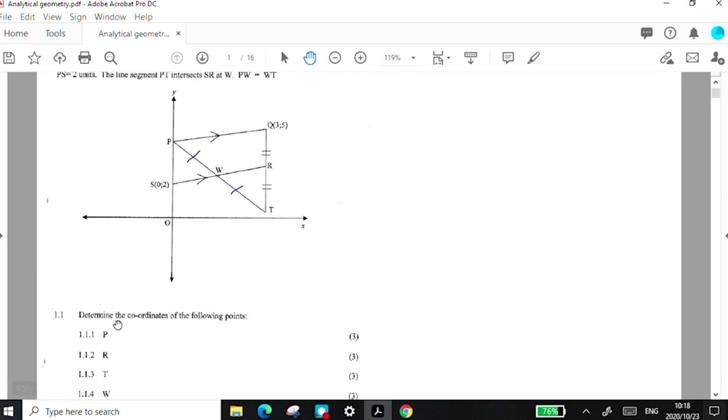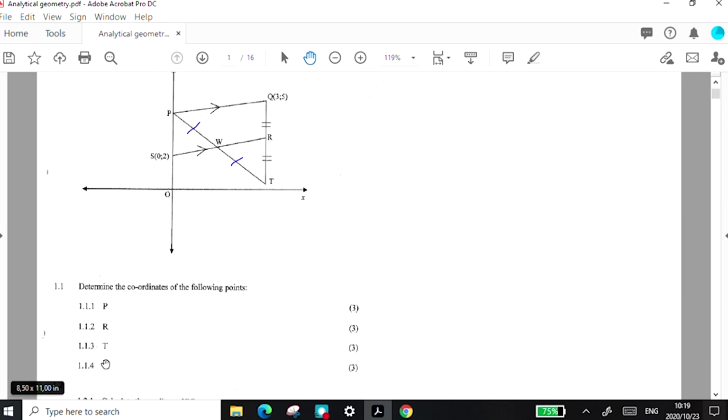We are required to determine the coordinates of the following points: point P, point R, point T, and point W.